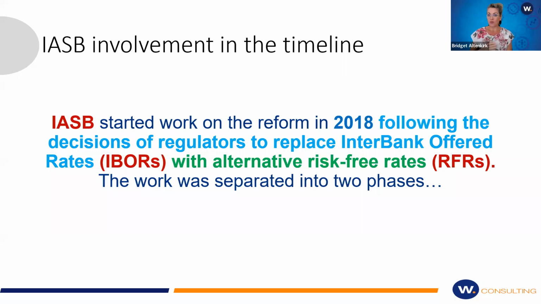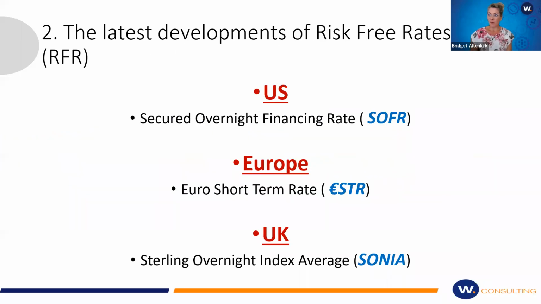Because they know that these rates will potentially be amended and replaced with some other form of risk-free rate. So, for example, the other rates which are being considered are the secured overnight financing rate in the States, in Europe, the Euro short-term rate, in the United Kingdom, the sterling overnight rate.